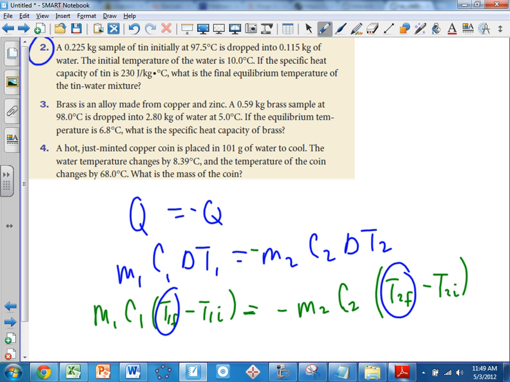So you don't have to call them T1F and T2F, because they're the same. Just drop the subscripts, call both T, and solve for T. You know everything else, since everything else is given in the problem. All you need to find is T.